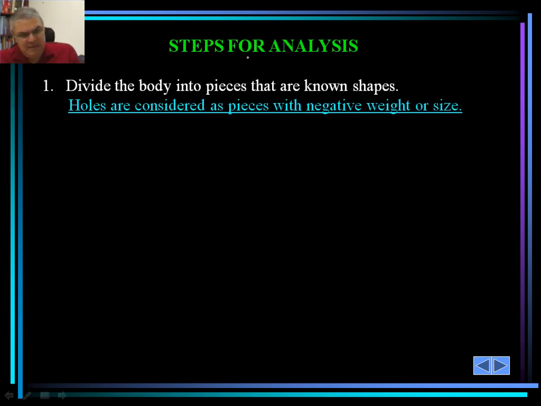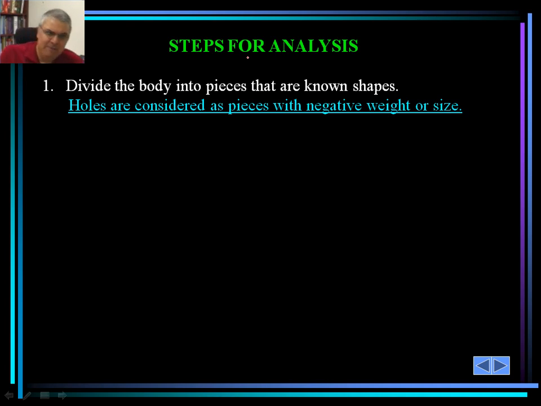So there are some steps involved in the analysis. We would divide our structure into smaller, more manageable pieces. We call them shapes, we call them parts, whatever you like. But we number them for clarity and to reduce the likelihood of errors. We would also look at holes as pieces.